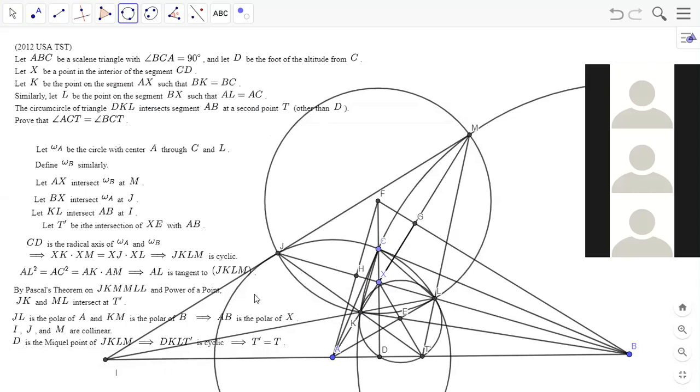Oh, because, wait, never mind. Because I, K, and L are collinear. Yeah. Wait a second. Because of the complete quadrilateral.